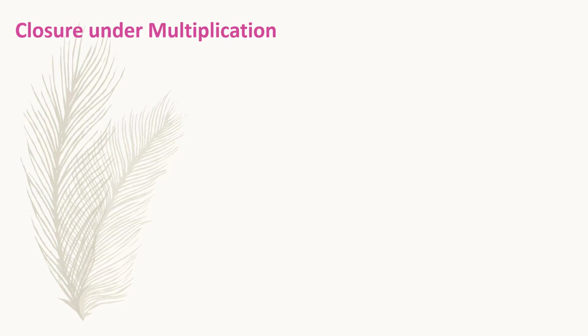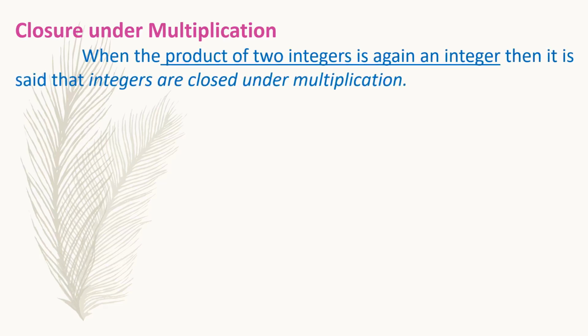Now we will discuss them one by one. So first is closure under multiplication. When the product of two integers is again an integer, then it is said that integers are closed under multiplication, which we have already seen in other properties of integers, that is closure under addition or closure under subtraction.